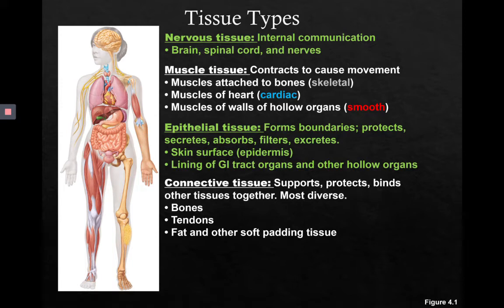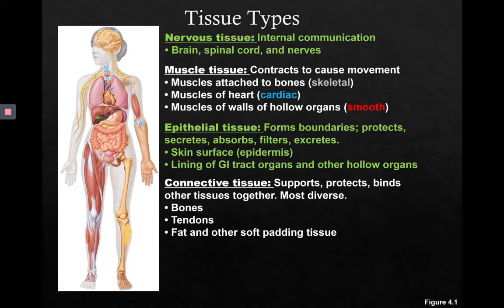And maybe you're thinking, oh, I thought that was epithelial tissue. If I were to ask what is the biggest organ of the human body, that would be the skin. And that's where the confusion is coming, because you think skin, epithelial tissue, so of course epithelial tissue is the biggest tissue type. That's not the case, because most of your skin is actually connective tissue. Only that top layer is epithelial tissue.